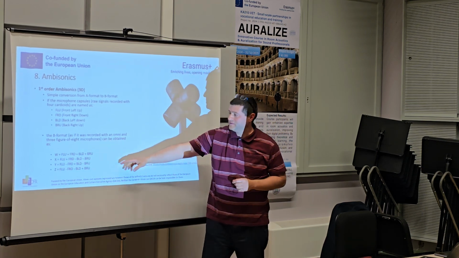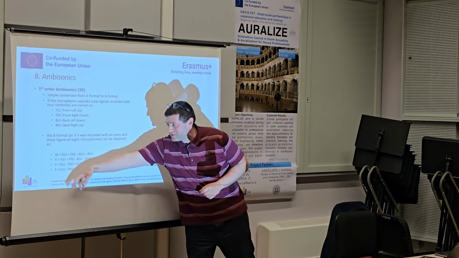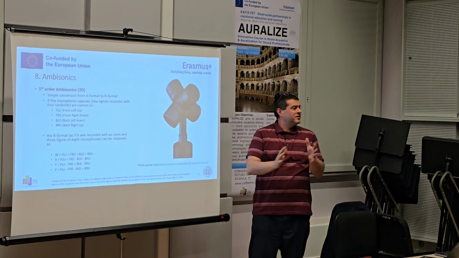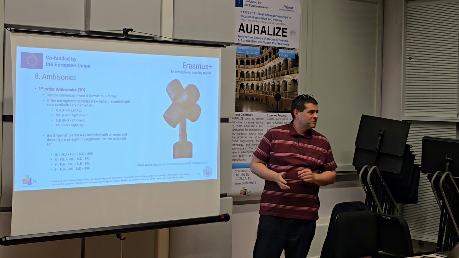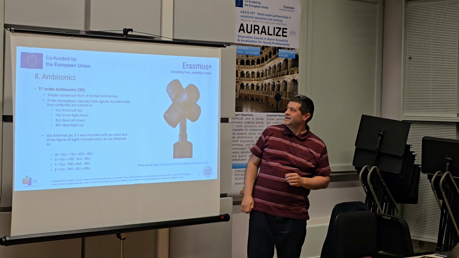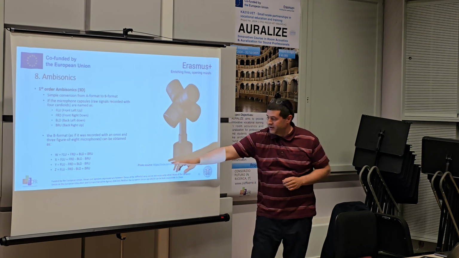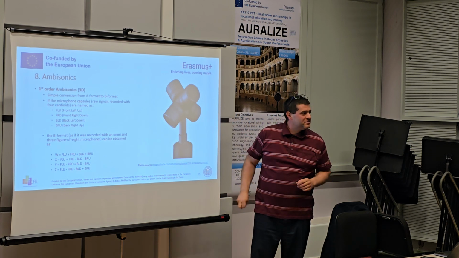Well, for the omni channel, you just sum up all of them together, and for the others, you add some of them and subtract some of them. So this conversion is quite simple. This is something you will find in the manual of this specific microphone. I just put the reference here, but I'm not advertising any specific device.